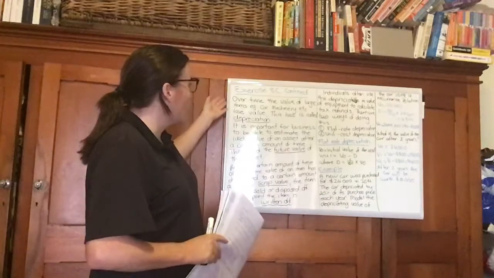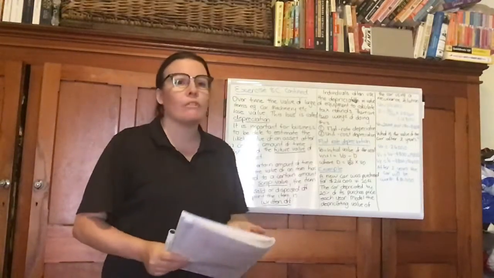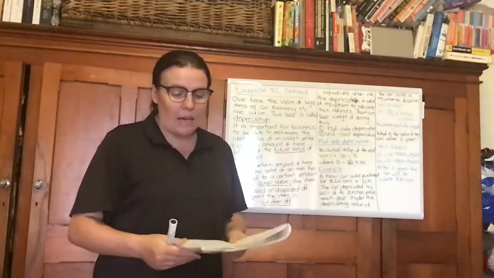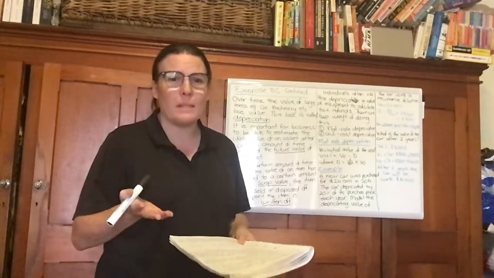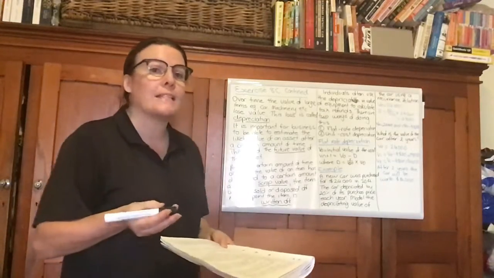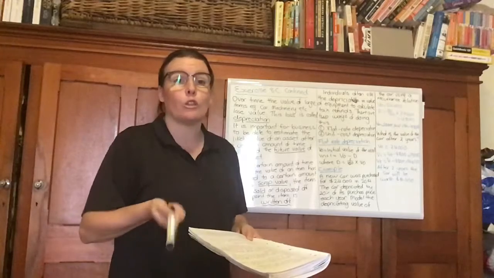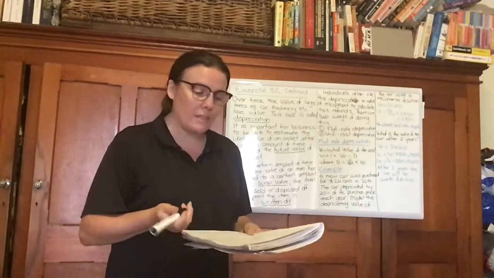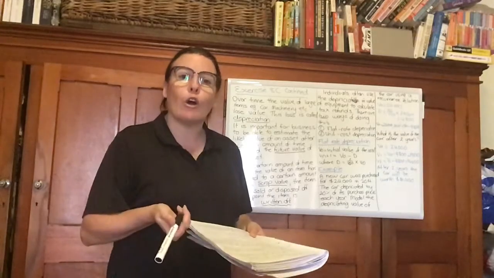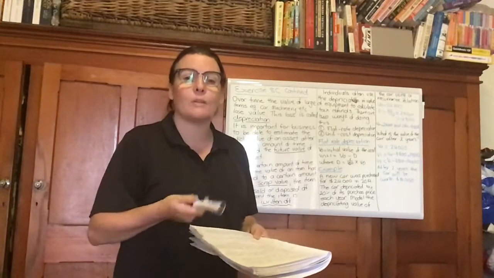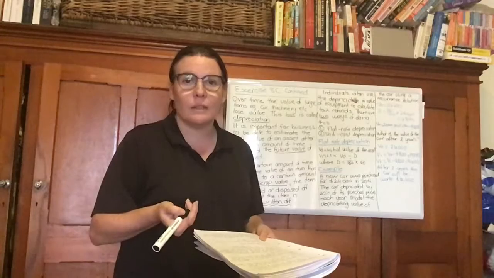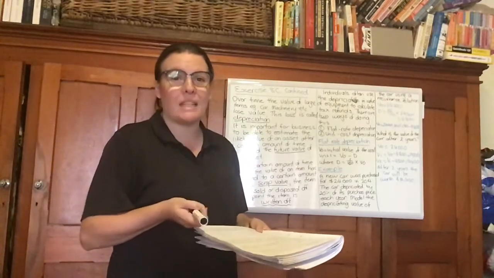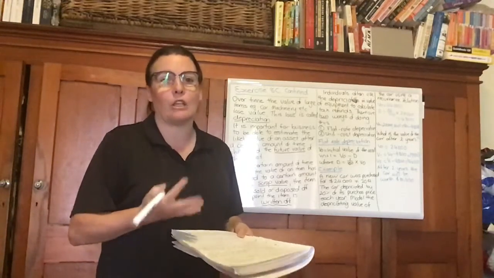So over time, the value of large machines that get used in business. So if you're thinking about school, for example, some of our large machines include the photocopier, the computers, the desktop computers, things like that. In your own home, things that depreciate in value are something like your car. Even some of the big plasma TVs, they would depreciate in value over time.